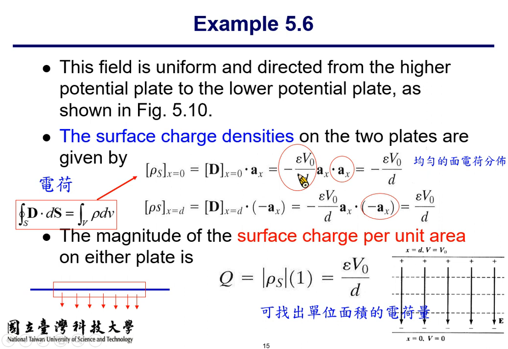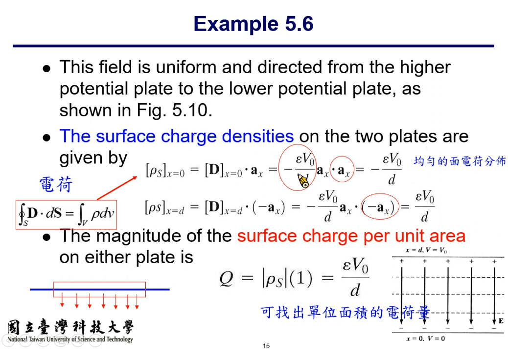And the plot drawn here is supposed to be the top plate. So you have this imaginary box encircling a part of the top surface. And the electrical flux only appears at the bottom surface of the box, because you have positive charge on top and negative charge on the bottom.